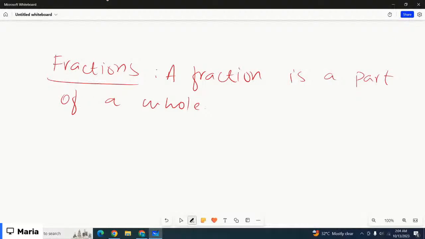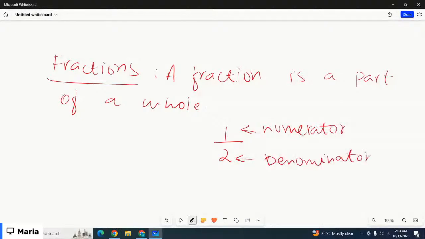Fractions are written as numerator and denominator. For example, here you have a fraction 1 out of 2, right? 1 is the numerator and 2 is the denominator, right? And numerator divided by the denominator, right? So basically this is the whole and this is the part of the whole.